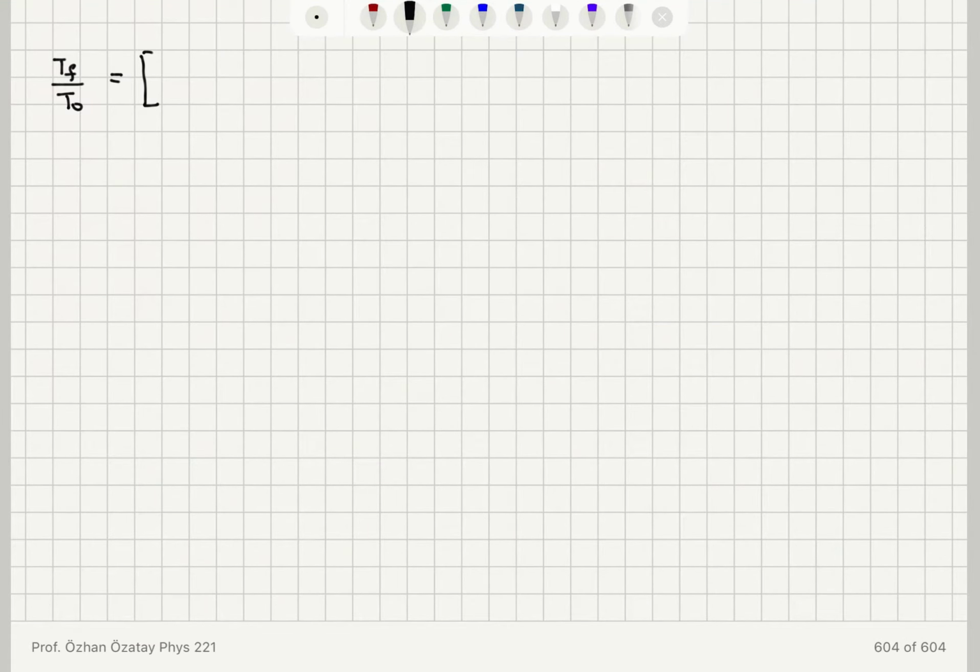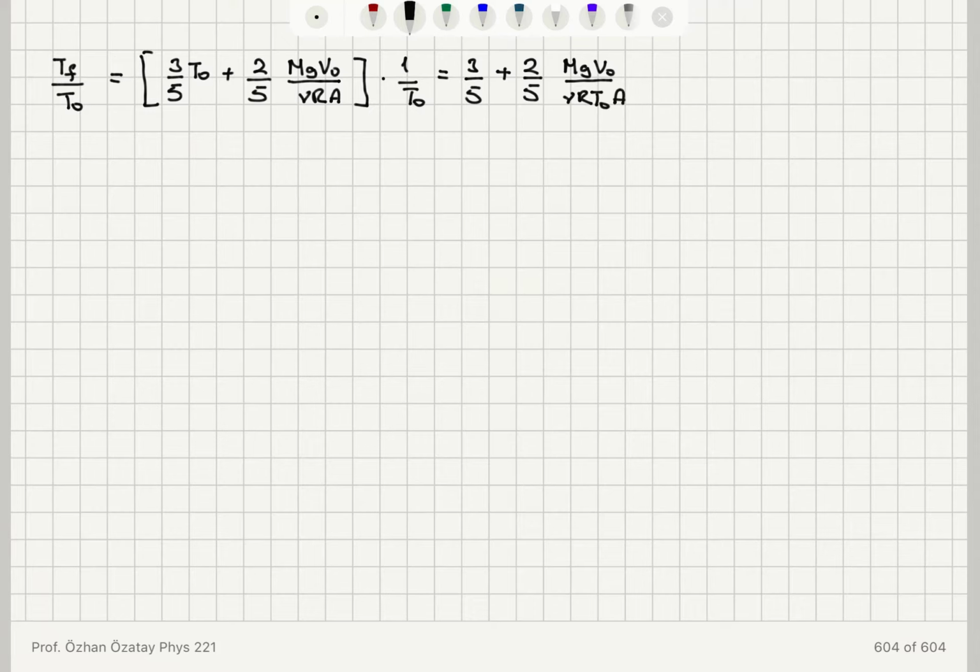So I substitute here 3 over 5 T0 plus 2 over 5 mg V0 divided by nu RA, divided by T0. This gives me 3 over 5 plus 2 over 5 mg V0 over nu R T0 A.